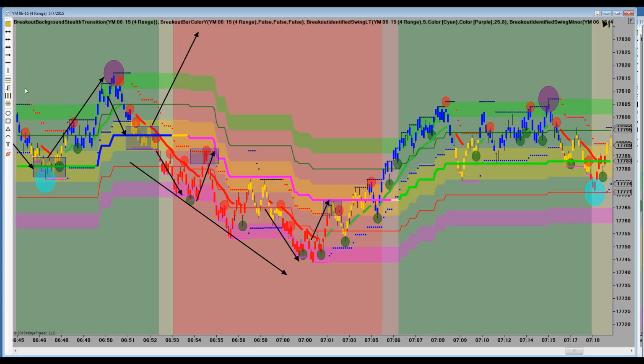All right, now here's the pattern I was talking about that we have to commit to memory, if you can. It is as follows. You get sort of one more push down, and the first clue that something could be afoot here is the fact that this swing level does not get back down to this level right here. Everybody see that?